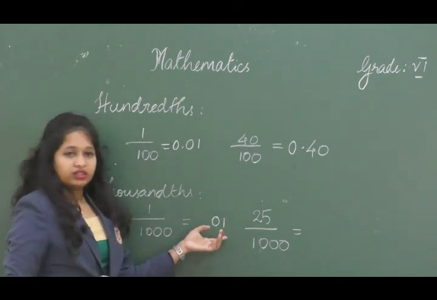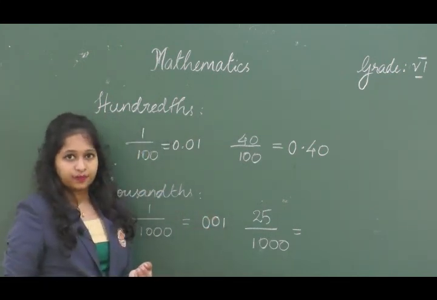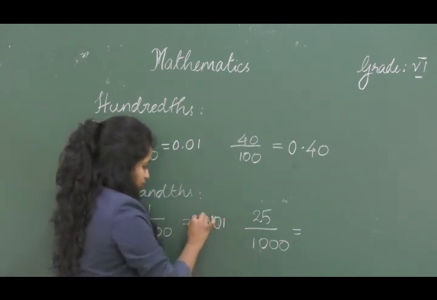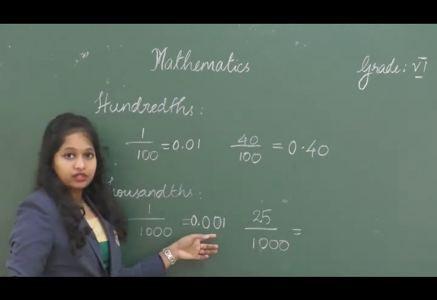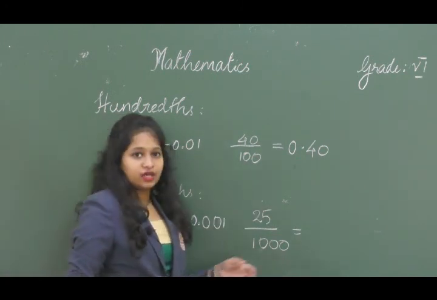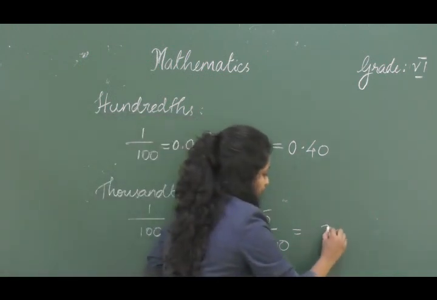Now there are 2 digits. Now 3 digits. So place the point here. So 1 by 1000 can be written as 0.001. Okay? And one more example, 25 by 1000. Here 25 has 2 digits.